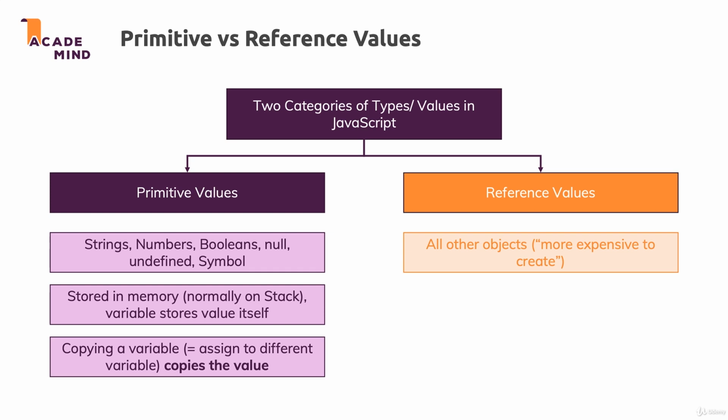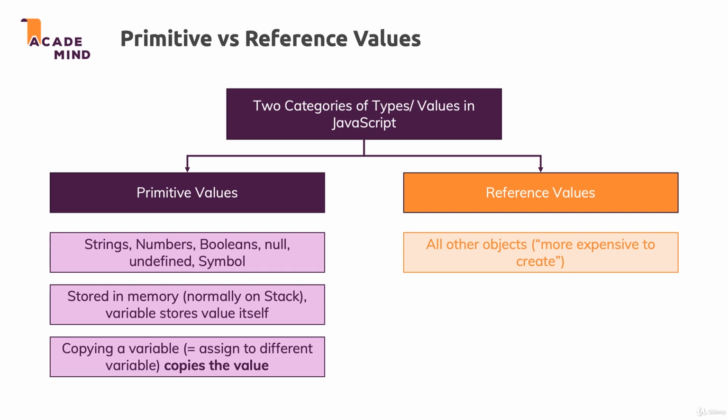And it's always behaving as you see it here on the left, no matter if you're temporarily transforming it or not. Now, all real objects, which always stay objects, are handled differently, because they're more expensive to create, you could say. A real object, which you create on your own, or which might be built into the browser and exposed to you, like that Math object where we also called the random function earlier in the course.